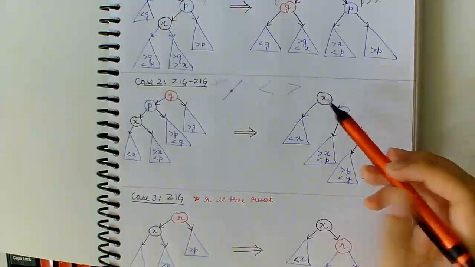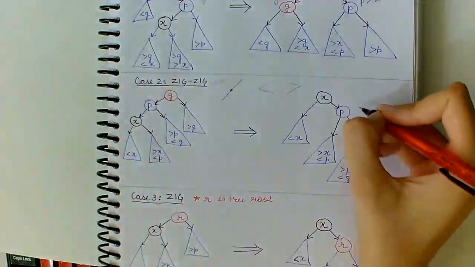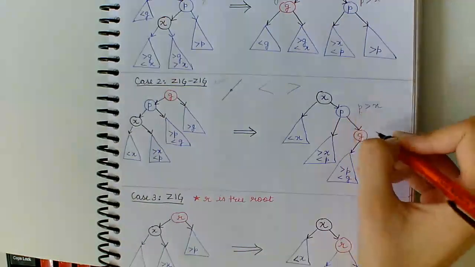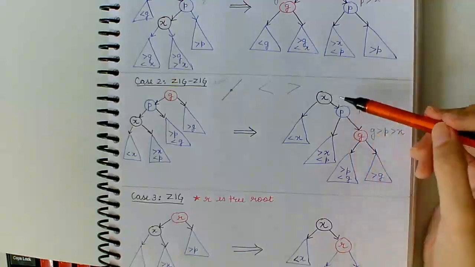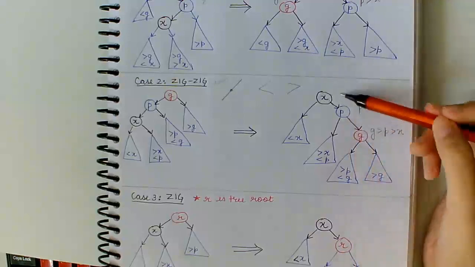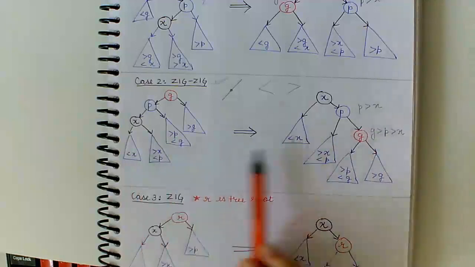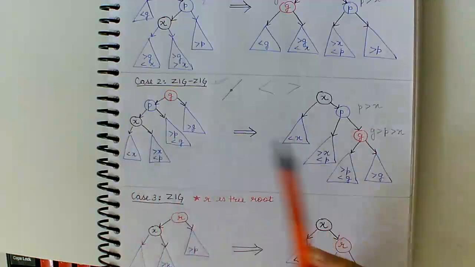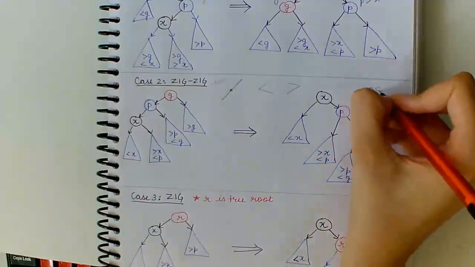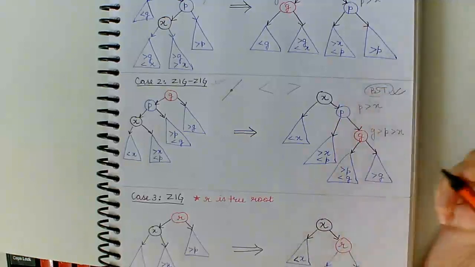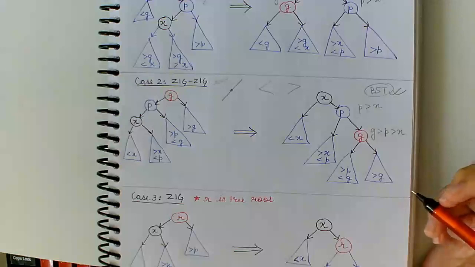So x takes the place of the grandparent, and as p is greater than x and g is greater than p, hence p becomes the right child of x and g becomes the right child of p. The left child of x remains same, its right child becomes p's left child and the right child of p becomes the left child of g. This also always satisfies the BST property.